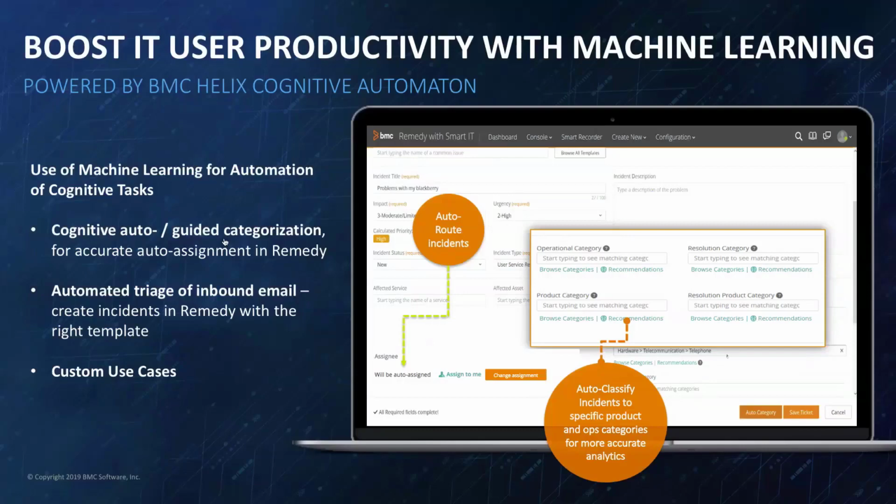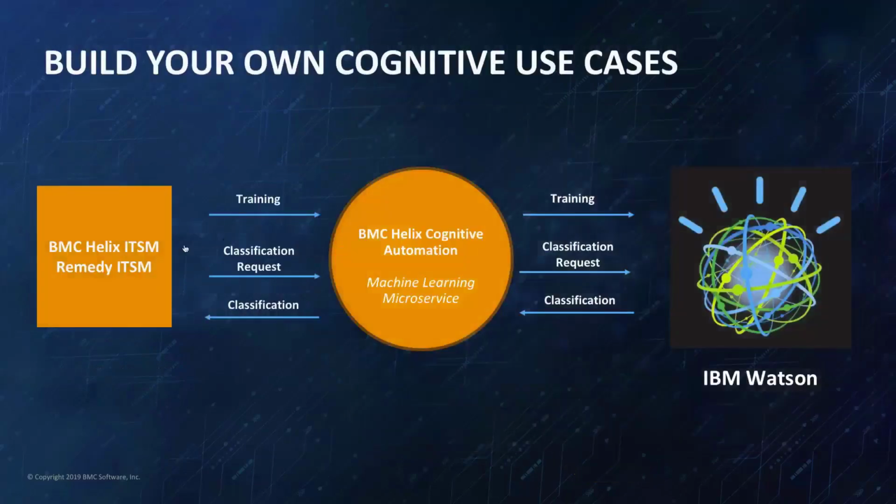And as stated before, you also can implement custom use cases. And I want to emphasize again, the machine learning service ultimately is integrated at the platform level. So both within Helix ITSM or Remedy ITSM, the connection is done at the platform level.